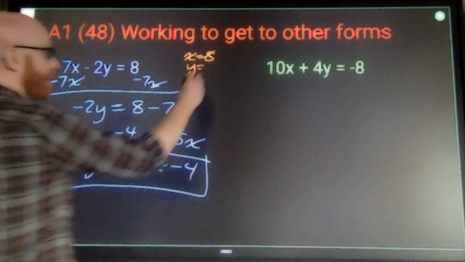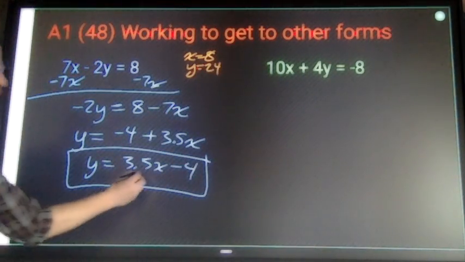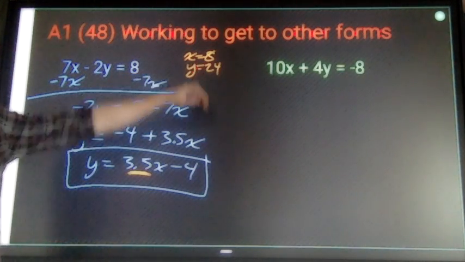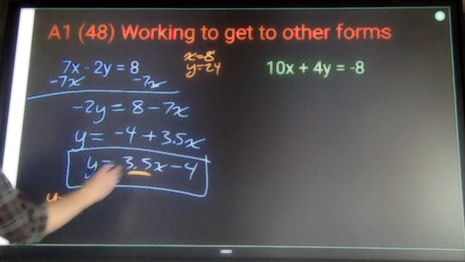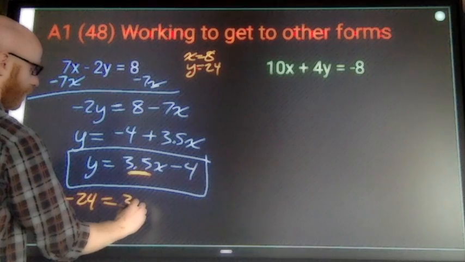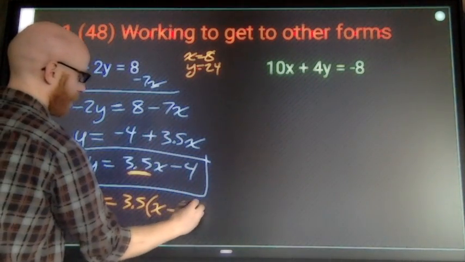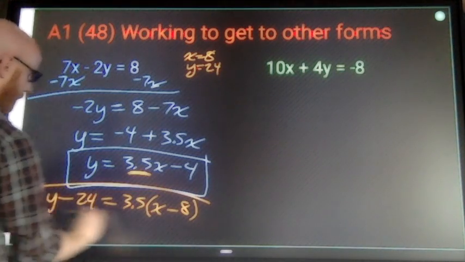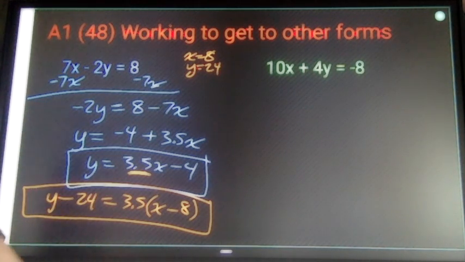All right, when x is 8, y is 24. I have already my slope. That's a point. I can write point-slope form pretty easily. All right, y minus my y value equals slope times x minus my x value. All right, point-slope form. There we are.